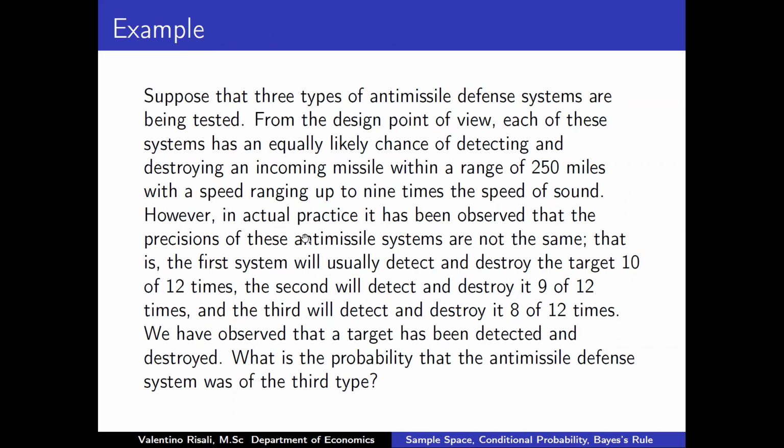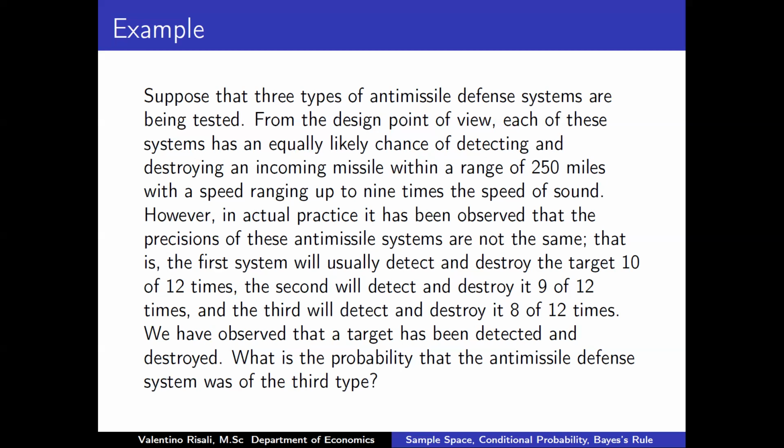However, if we test it in the field, the first system will usually succeed 10 of 12, the second 9 of 12, and the third 8 of 12. And then we have observed that the target has been detected, and we will find the probability that the third anti-missile system is used.